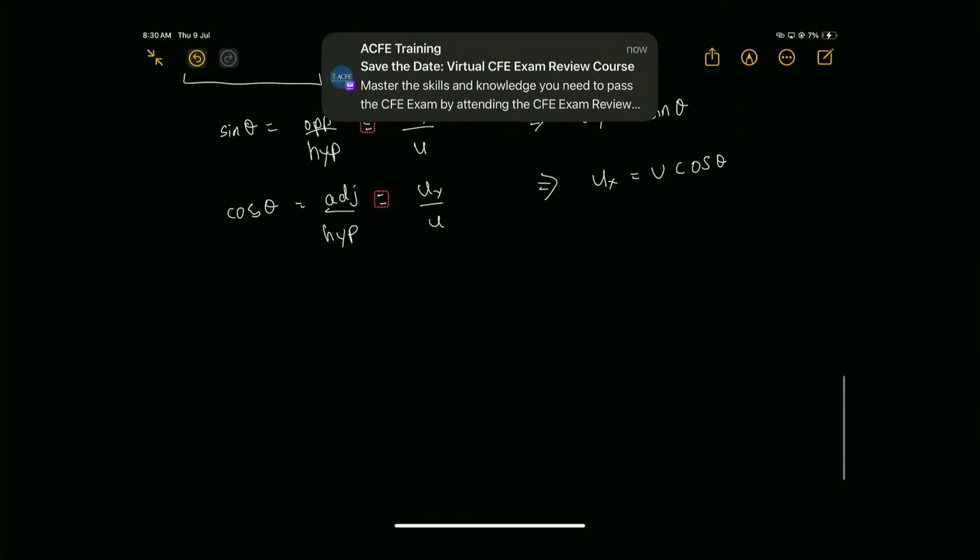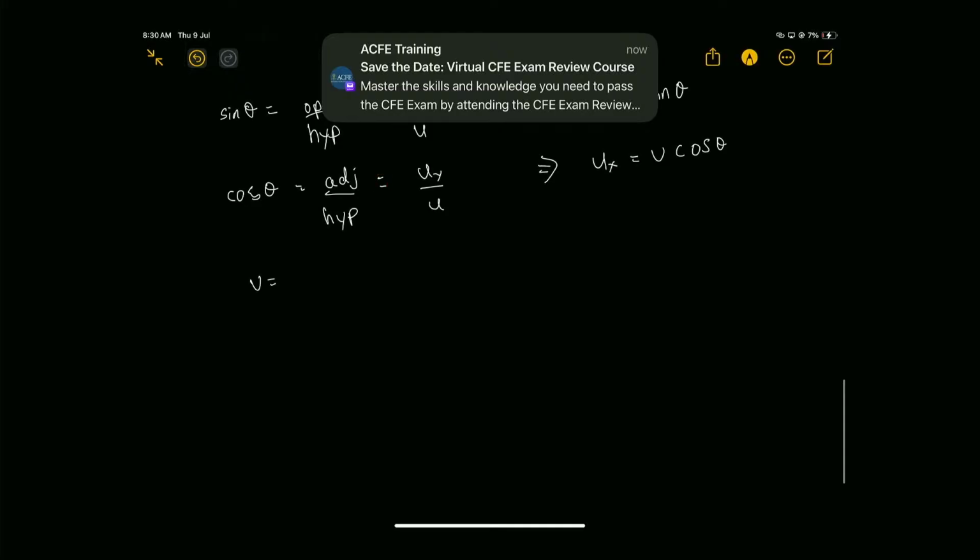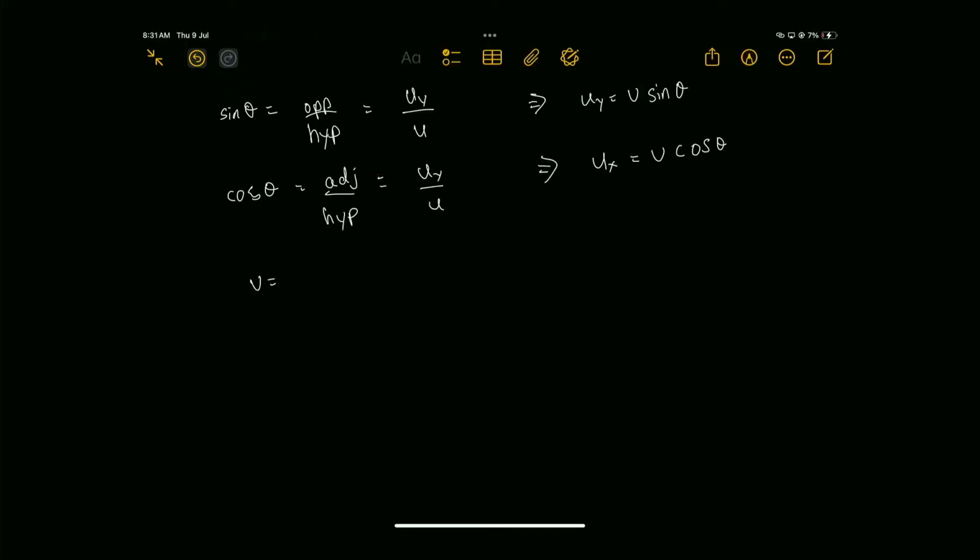Now we had the equations of motion. We saw v is equal to u plus at, s is equal to ut plus a half at squared, v squared equals u squared plus 2as, right? Now these equations of motion can be applied to the horizontal component independently and the vertical component independently, right?